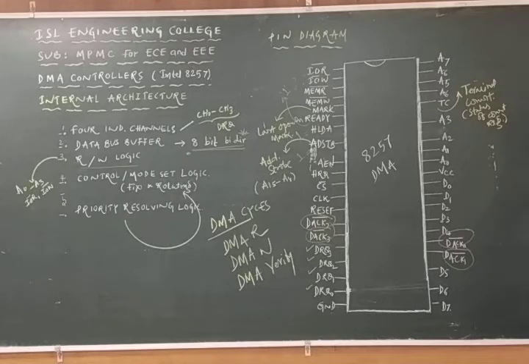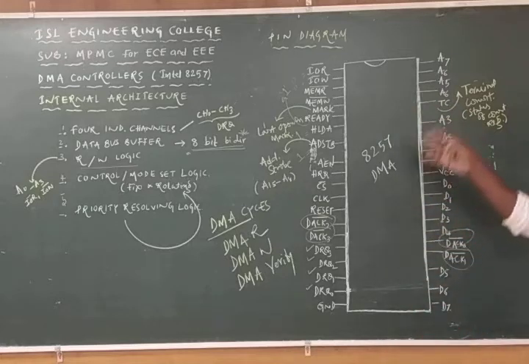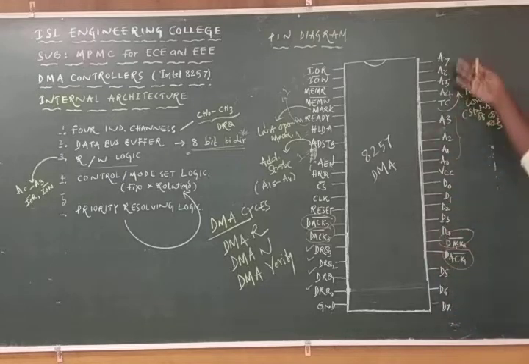Coming to the right side, we have the address bus of 8 pins, A7 down to A0, with a higher order address bus and a lower order address bus. The next pin is the terminal count, that is TC.